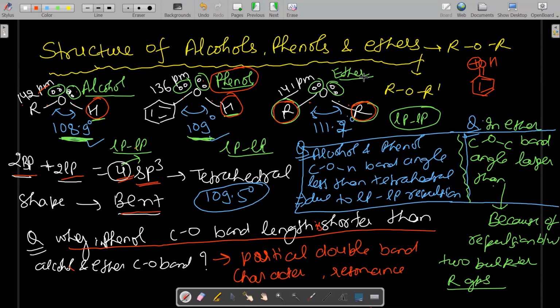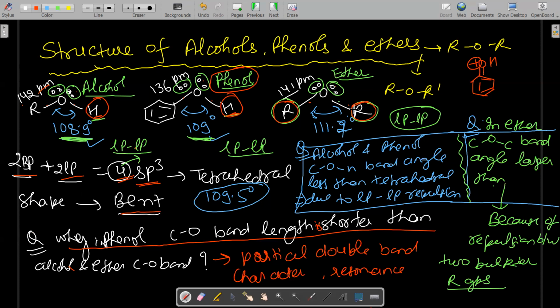Now come to the ether. You can ask, ma'am, why have you written the bond angle larger than the tetrahedral angle, while you just told that where lone pair repulsion occurs, the bond angle decreases? In this case the bond angle increases, and the reason is different. In alcohol, hydrogen is there; in phenol, hydrogen is there, so in both cases only one bulkier group is there. But in ether, instead of hydrogen, an alkyl group is present.